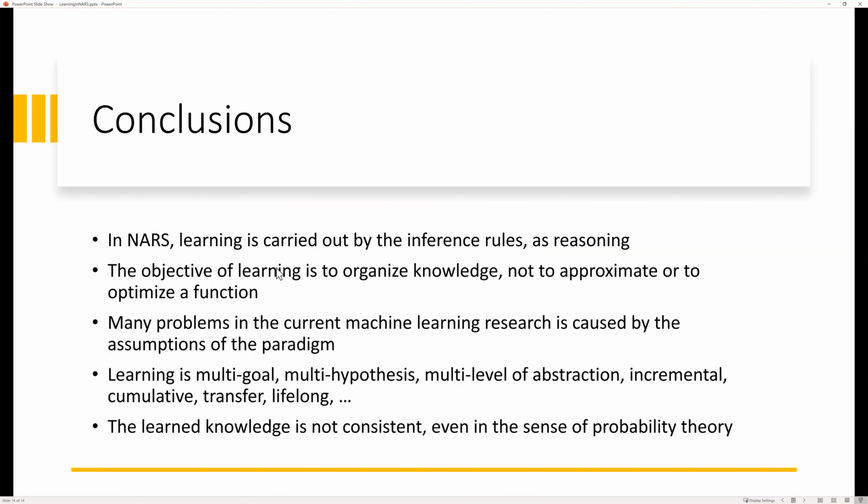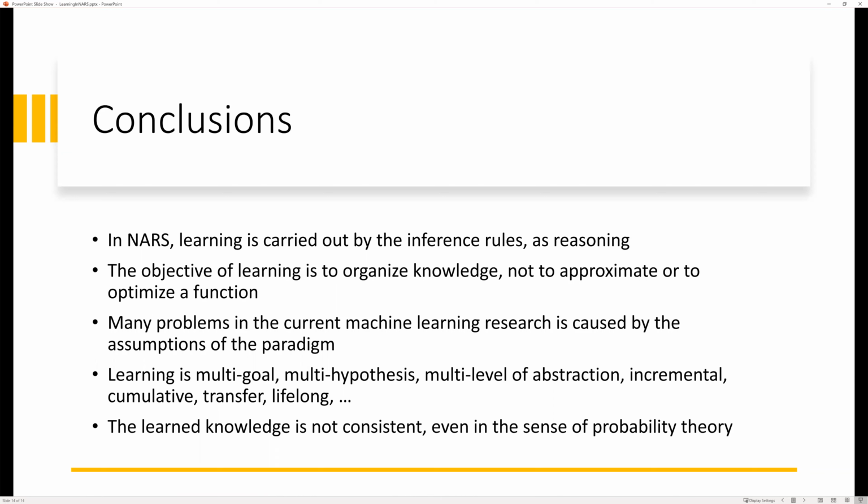The goal of the learning is very different from the current machine learning paradigm. Again, that's argued in detail in our paper. The current machine learning basically says learning is to approximate or optimize a function. In NARS, learning is to organize experience. It doesn't necessarily settle down to any function at all. That's why they call it self-organization.